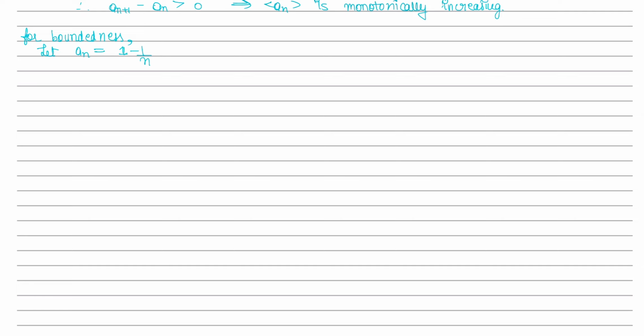So we are subtracting some term from 1, so this term is always going to be less than 1, which implies the sequence an is bounded above by 1. Therefore the given sequence is convergent, and it converges to 1.